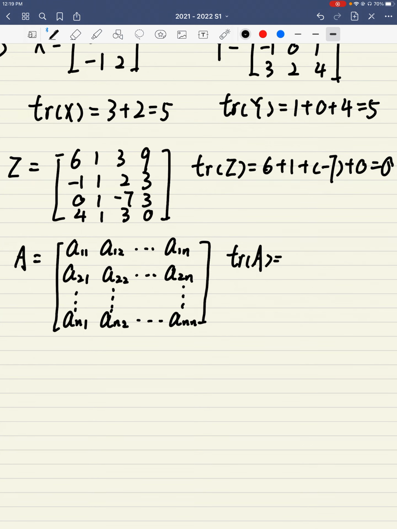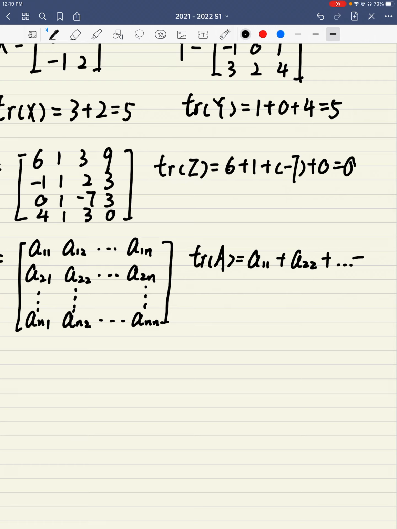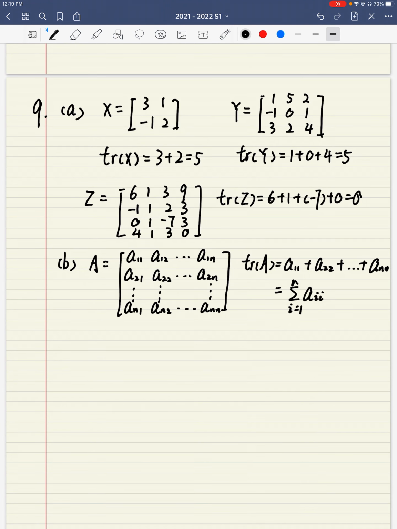Trace of A is A11 plus A22 plus all the way to Ann, or it is the sum of Aii, where i is from 1 to n.